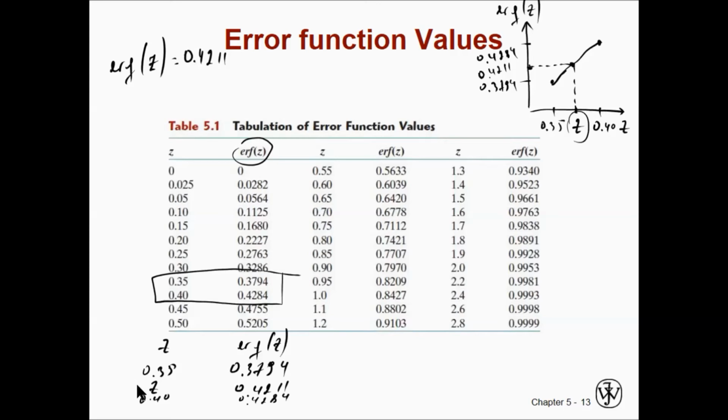So what I will do is take this difference in this, z minus 0.35 over the difference in this, equals the difference in this over the difference in this.